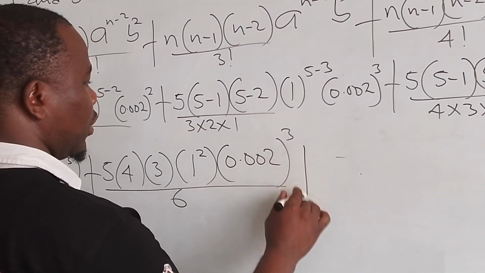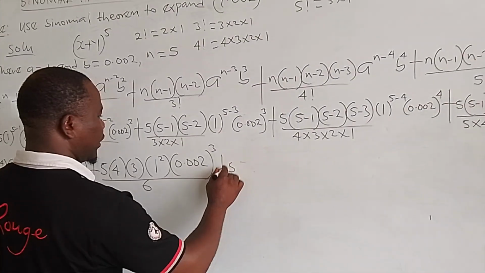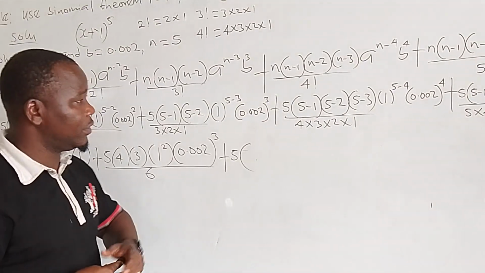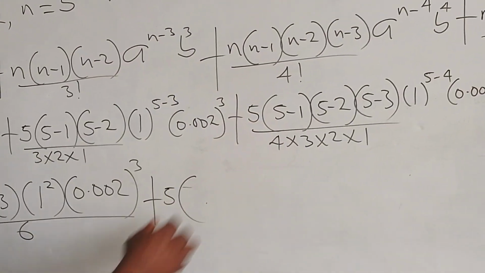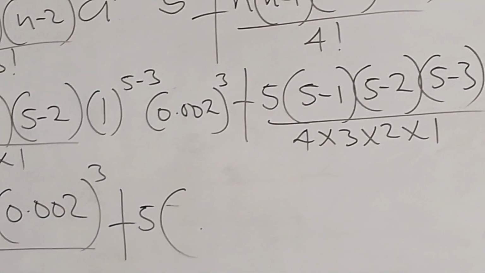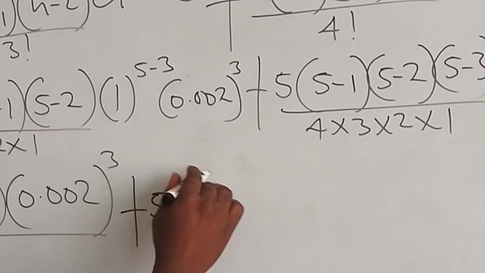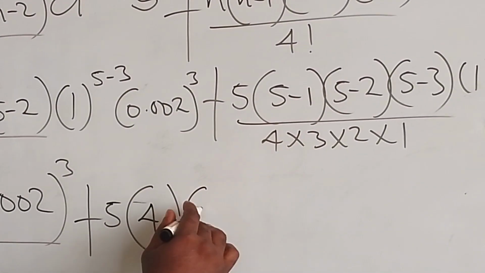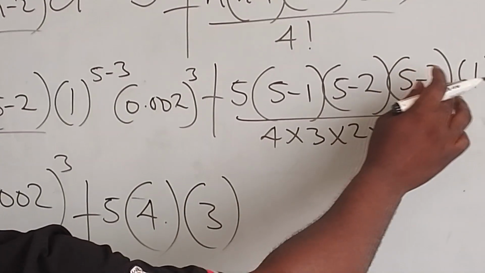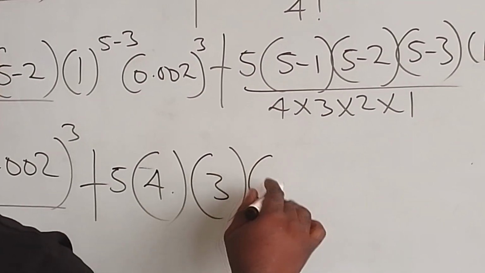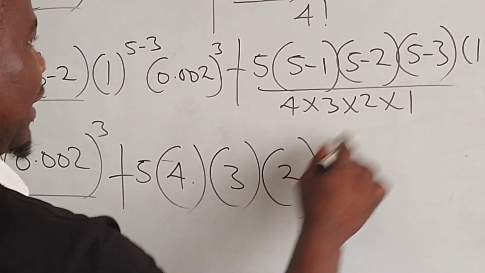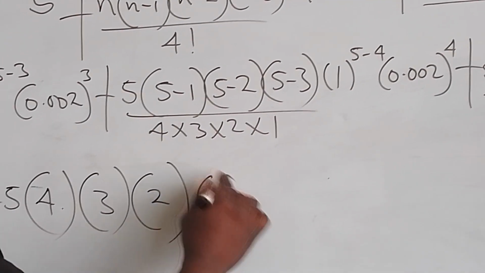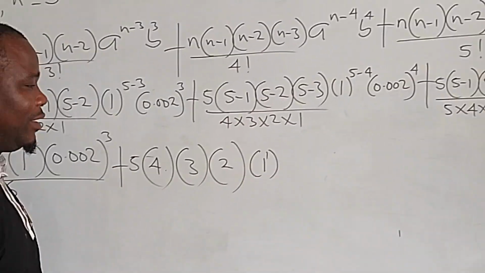Then plus 5. Yes, I'm breaking it down so that you people will understand it better. Okay, 5 minus 1 will give us 4. Then 5 minus 2 will give us 3. Then 5 minus 3 will give us what? 2. Then 1 raised to the power of 5 minus 1 is 1. So here is 1. It's not necessary you write it this way.